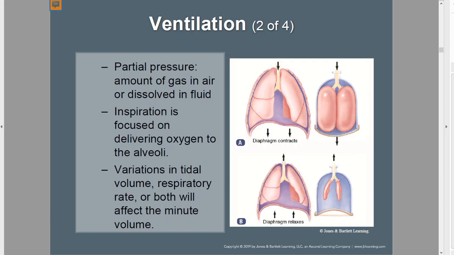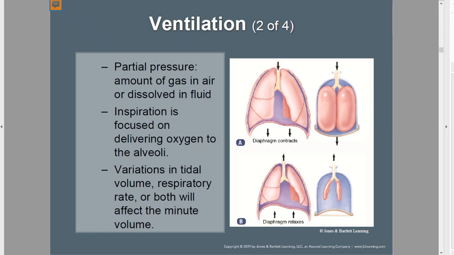And then you have something called atmospheric pressure, right? So that's the amount of pressure found in the atmosphere, and it's normally higher than the pressure within the thorax. So when you're breathing, there's a small but very effective vacuum that's created.